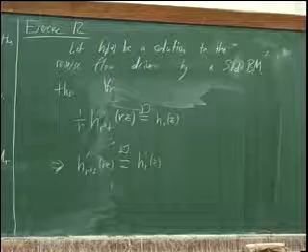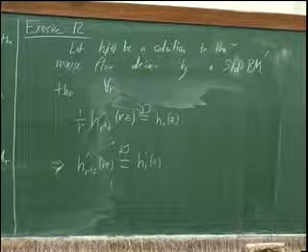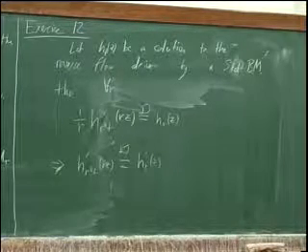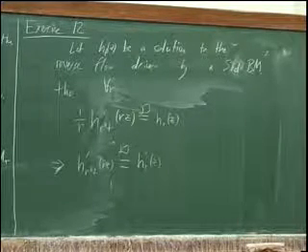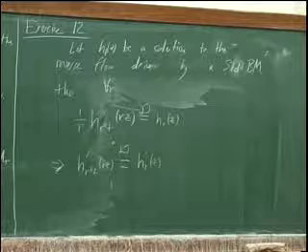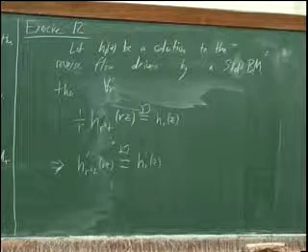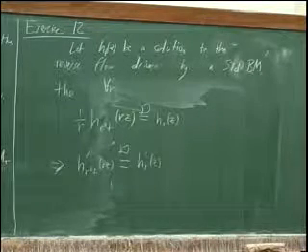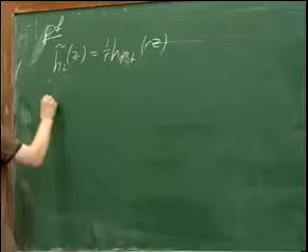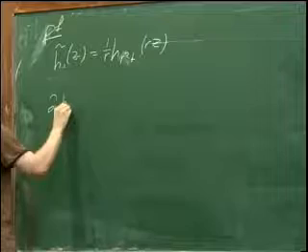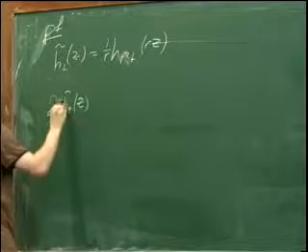So I'm going to let h sub t tilde of z be 1 over r times h sub r squared t of rz. So there's that. Now let's look at the time derivative of h sub t tilde of z.